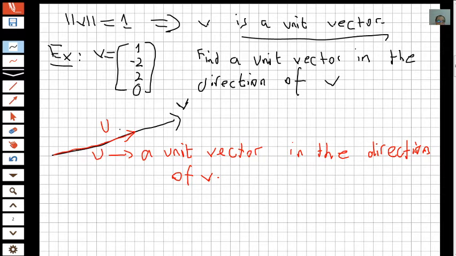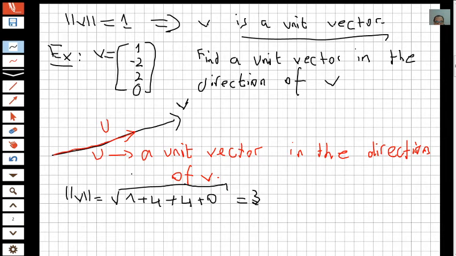So first we need to calculate the norm of v, which is equal to the square root of 1 plus 4 plus 4 plus 0. We take the squares of the entries and add them, and we take the square root of this sum, and we obtain the norm, which is the square root of 9, equal to 3. The norm of the vector v.